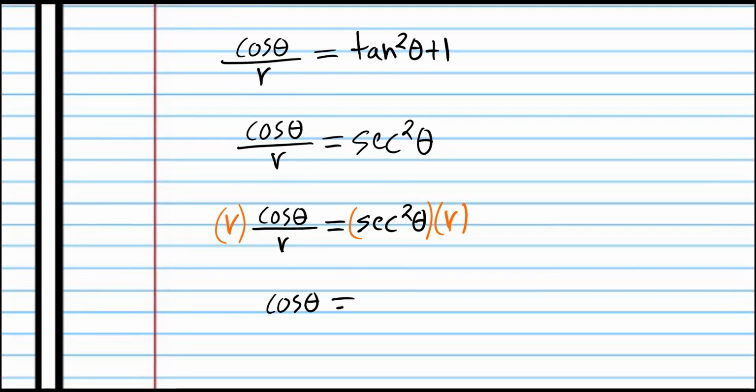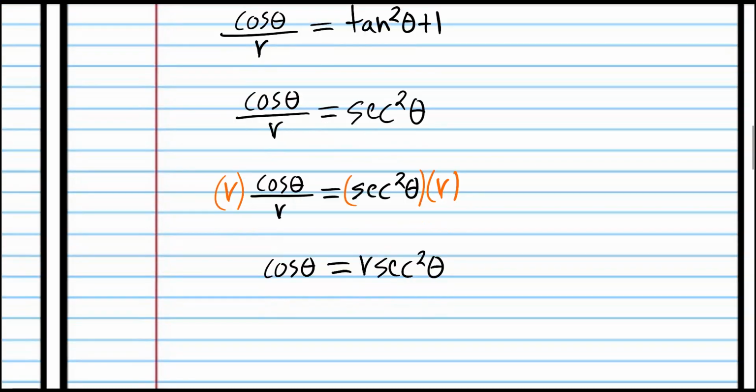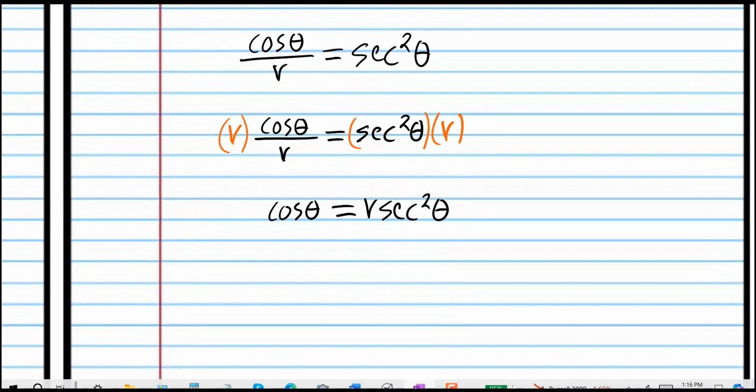So we're going to multiply both sides by r, and that's going to get rid of the fraction. Then remember, secant squared is 1 over cosine squared. We learned that in my trigonometry course.